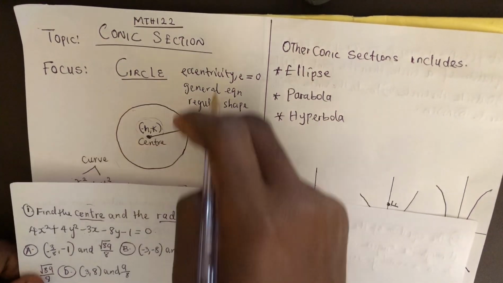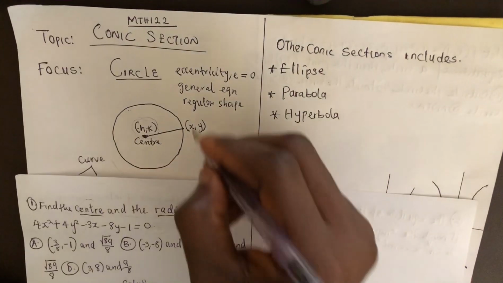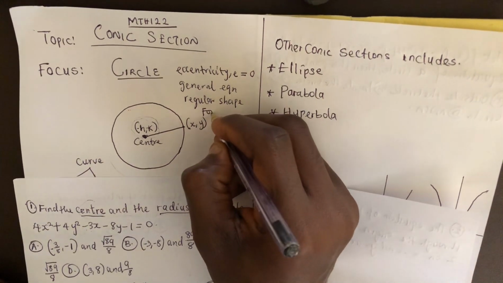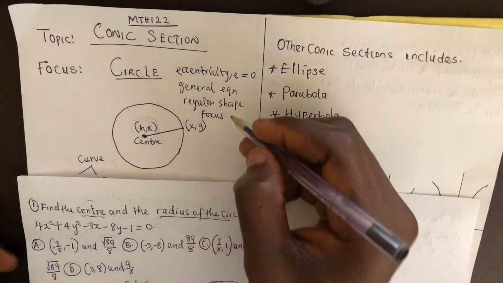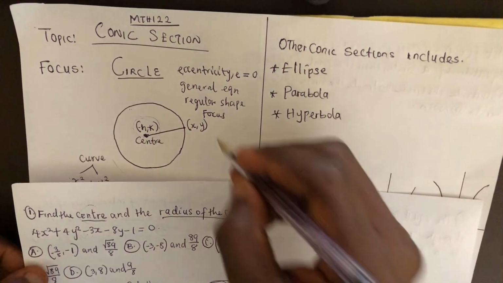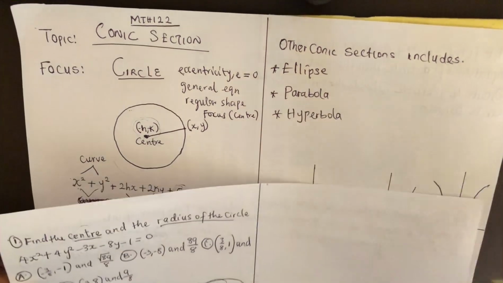I mean, one side is not bigger than the other. And speaking about the focus, we don't need to look for focus here. The focus is still the center when it comes to a circle.